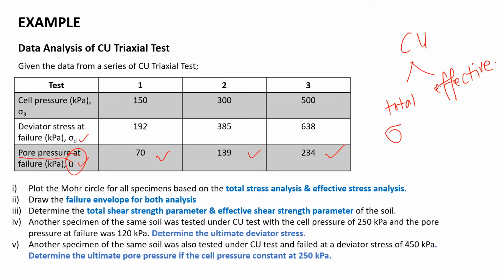So this is the sigma, and this is the sigma prime, which is sigma minus U. So you can have the analysis based on the total stress analysis and also the effective stress analysis. You need to draw the failure envelope for both analyses and also determine the total shear strength and effective shear strength. For this first video of the analysis from the CU triaxial test, we will answer questions 1, 2 and 3.